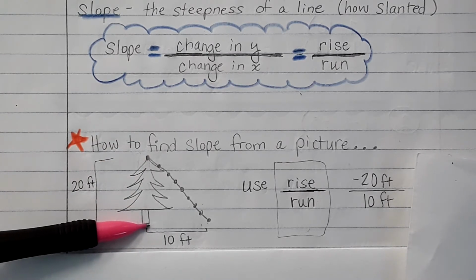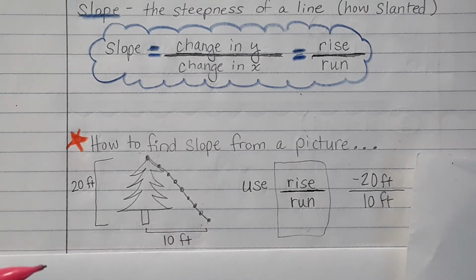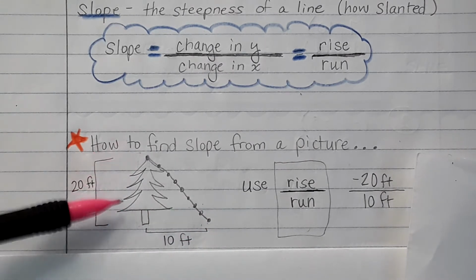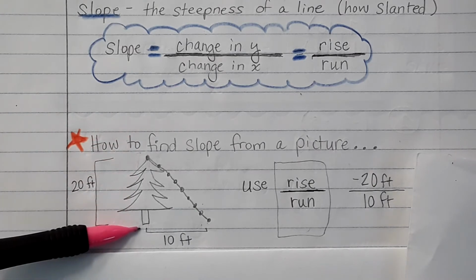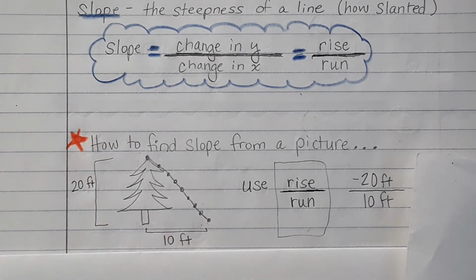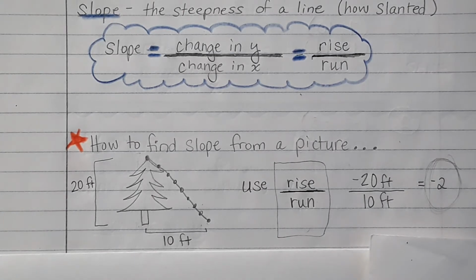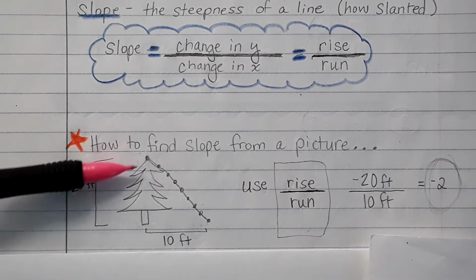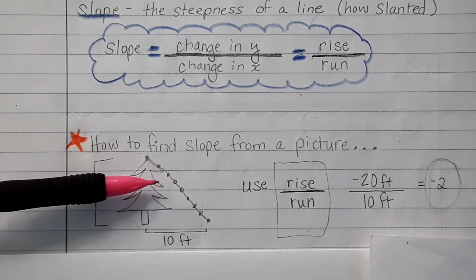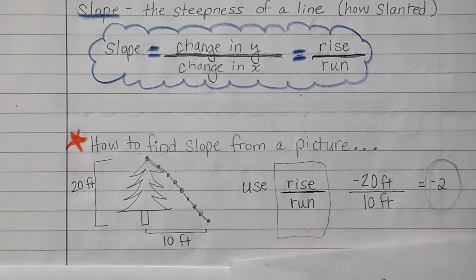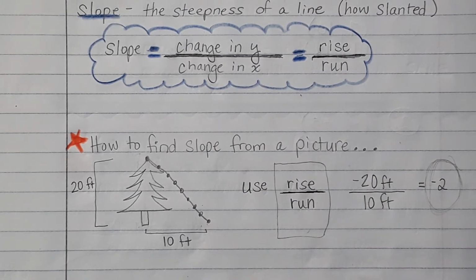And from here to the right is a positive 10 feet. Do not pick up your pencil and go in different directions. Start rise over run. And when I simplify this, I get the slope is negative 2. That means every time I go down 2 feet, it goes over to the right 1 foot. So that's just an example from a picture.